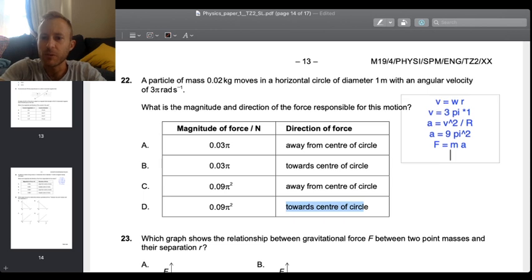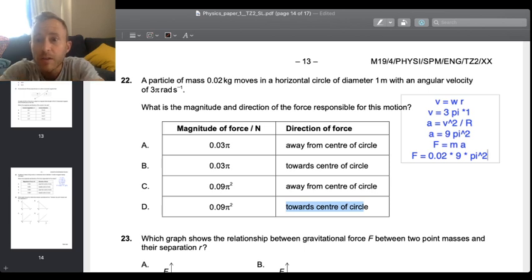So the force is equal to 0.02 times 9 times pi squared, which would be... did I goof?